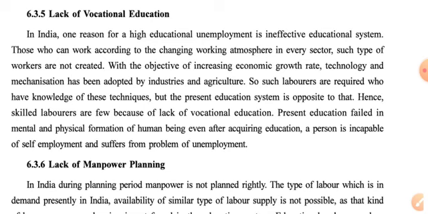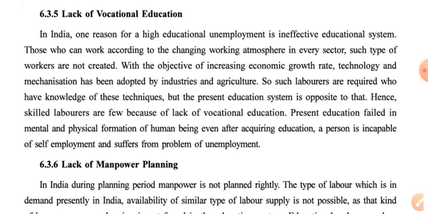We'll discuss this point in detail in the next lecture, but right now let us have a glimpse. Those who can work according to the changing working atmosphere in every sector, such types of workers are not created. This is one of the limitations of our education.